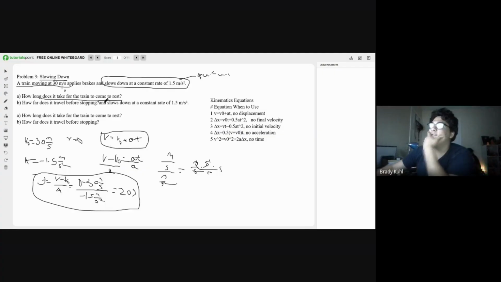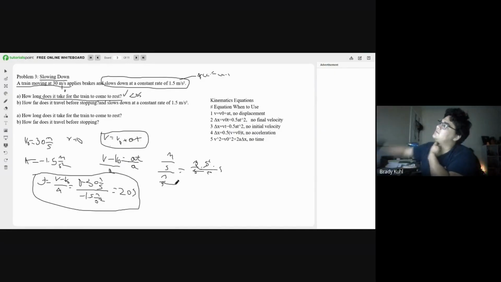Let's see. How far does it travel? How long does it take for a train to come to rest? We saw that, 20 seconds. How far did it travel before stopping if it slows down at a constant rate? We use this formula.